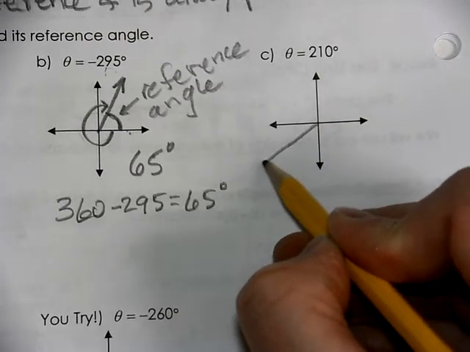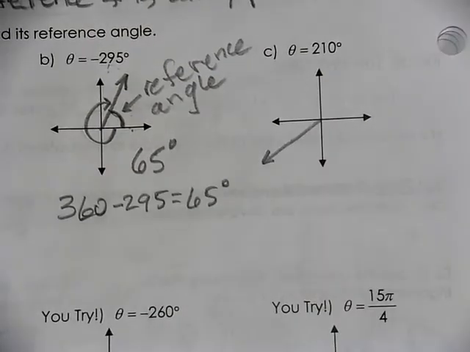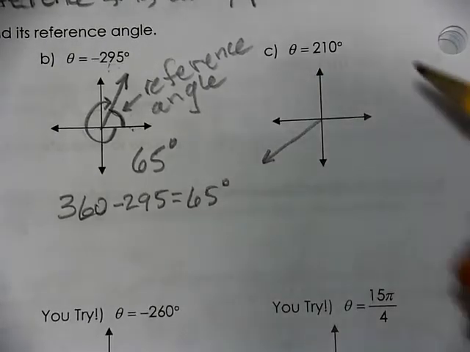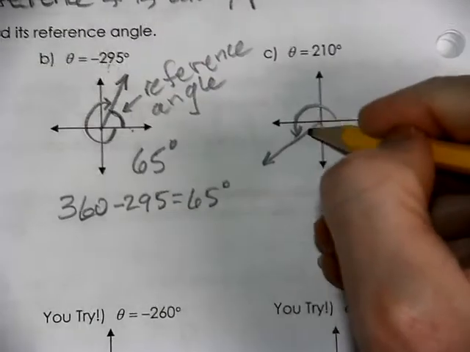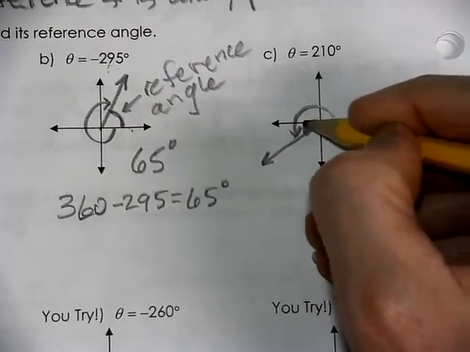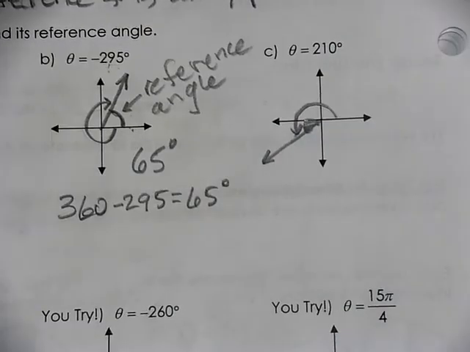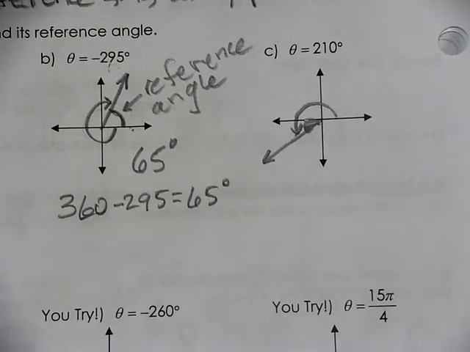Now 210, you might be familiar that that is a value on the unit circle. 210 is on your unit circle. We still want this angle that is right here. How many degrees past the x-axis have we gone?